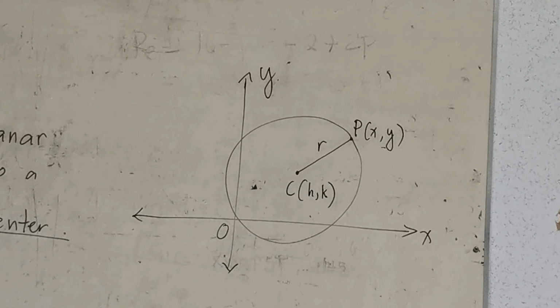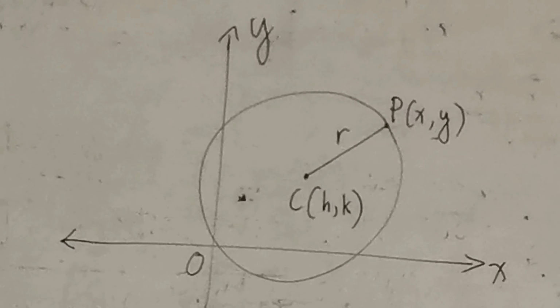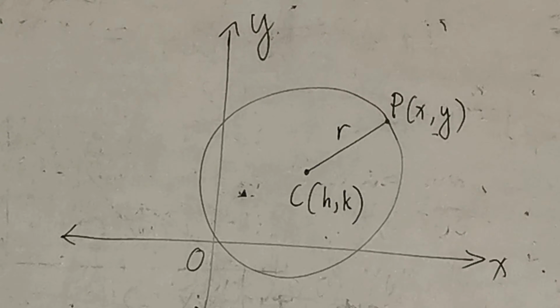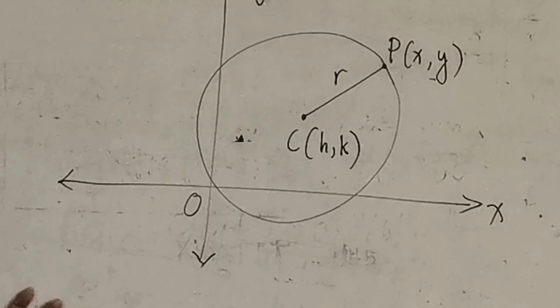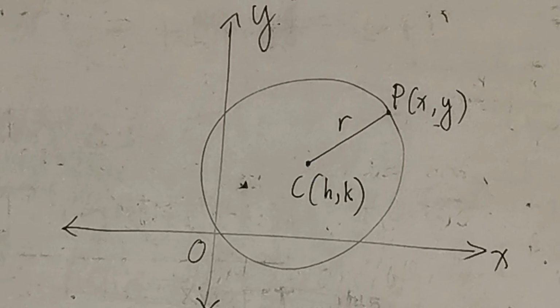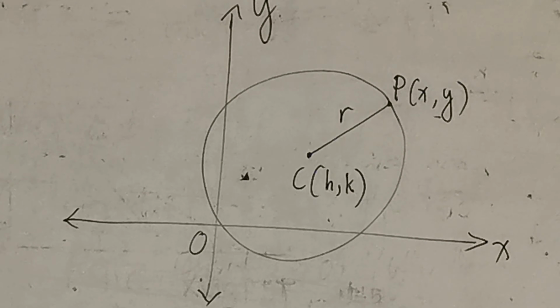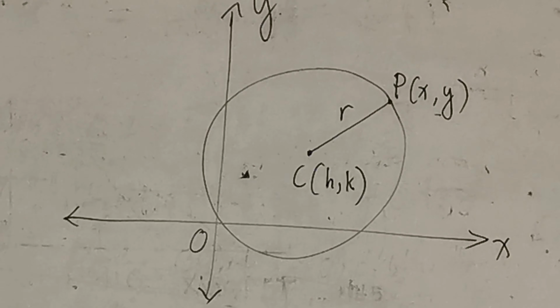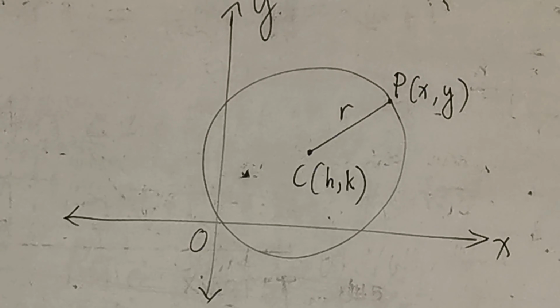So to derive the equation of the circle, we will use the distance formula given to us. So we have the square root of x sub 1 minus x sub 2 squared plus y sub 1 minus y sub 2 squared is equal to the distance.